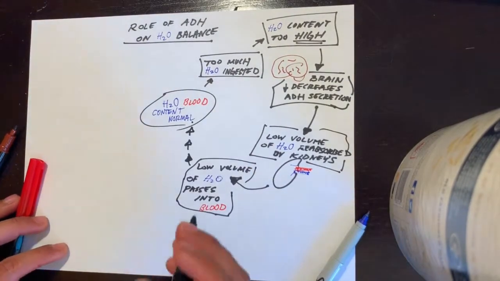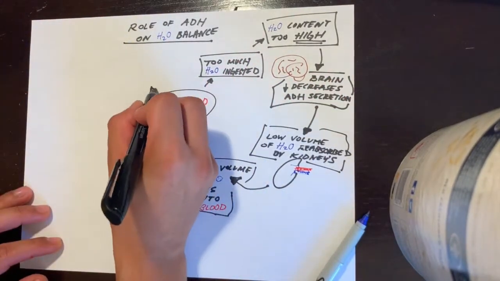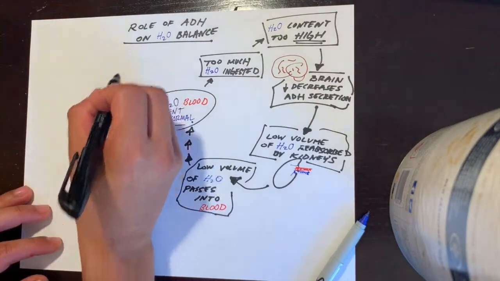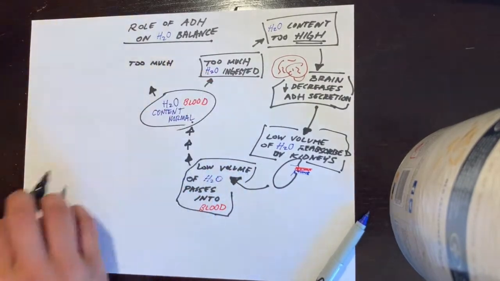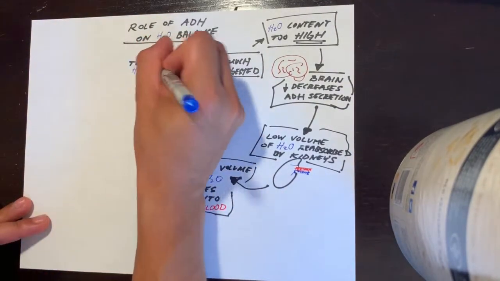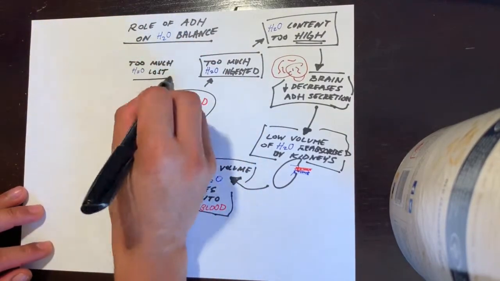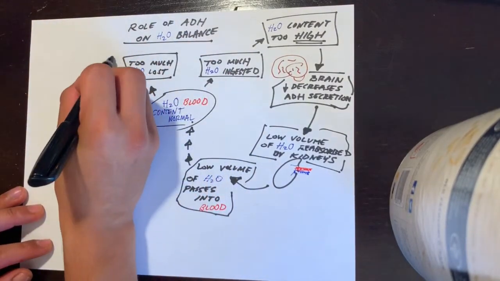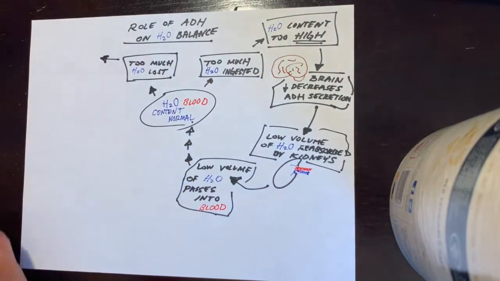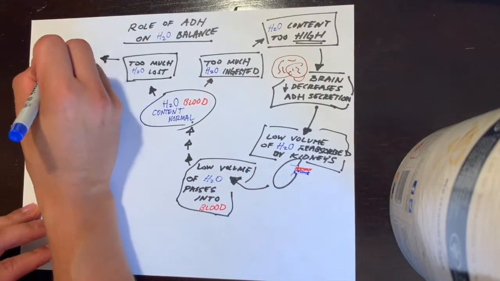Now on the other side of our chart, we'll talk about what happens when too much water is lost in the body. And that means that the water content of our blood is really low.